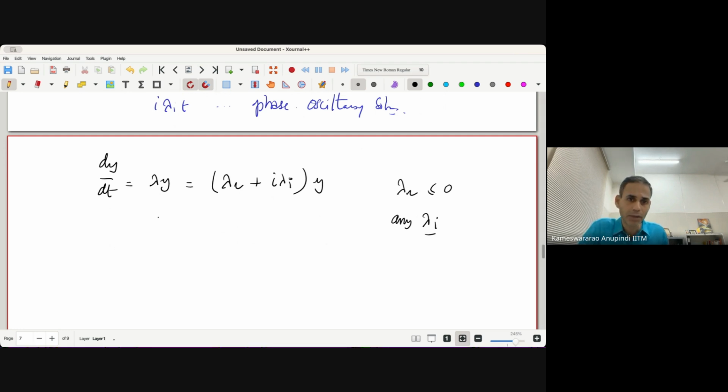So this is our model problem which we want to solve.